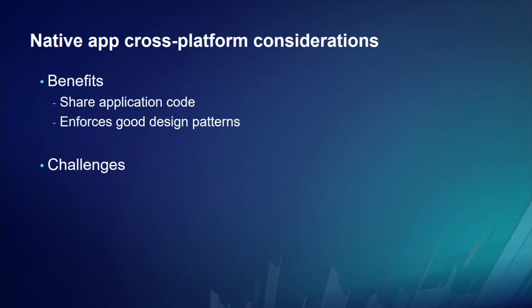One of the things about sharing code across multiple platforms and architecting your projects and solutions in order to do that is it tends to enforce good design patterns, and there are a number of different design patterns out there. For example, MVVM, or Model View ViewModel, for .NET and other platforms as well, increasingly these days. And that enforces the separation of your UI from your business logic, and that has advantages for first of all your development, but also the testability and maintainability of that code as you go forwards.